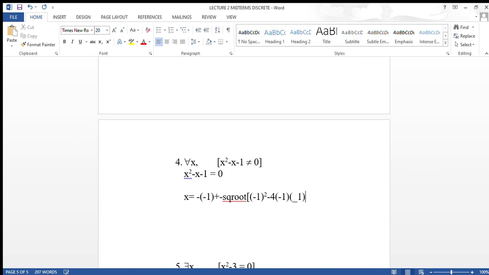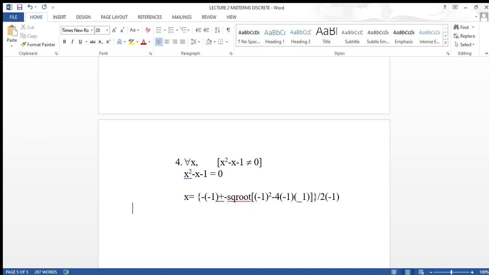Do you still remember this? This is what we call the quadratic formula. Then everything divided by, again, the quadratic formula is minus b plus or minus the square root of b squared minus 4ac all over 2a, where 2a is 2 times minus 1.